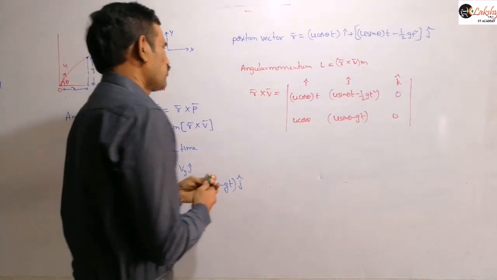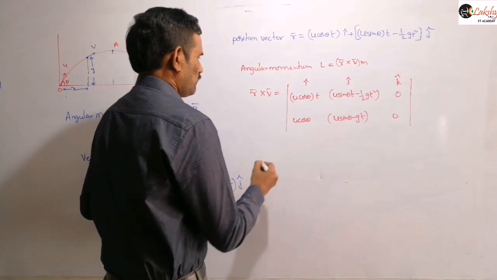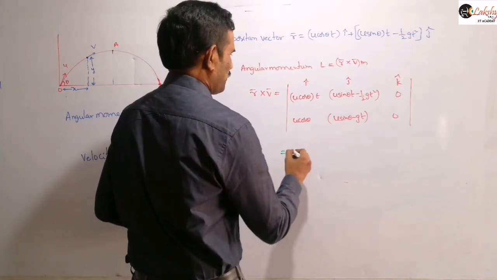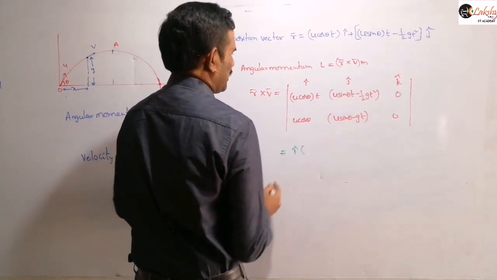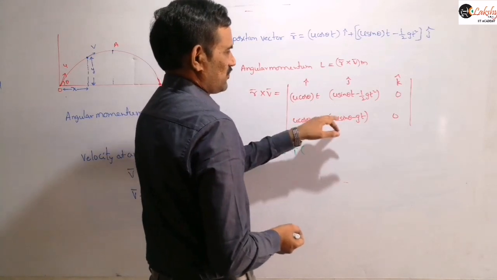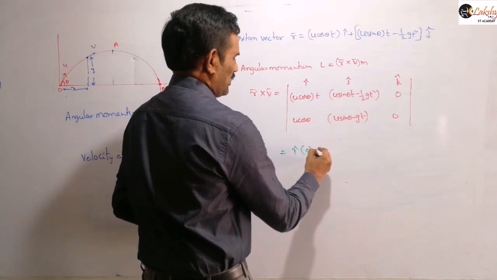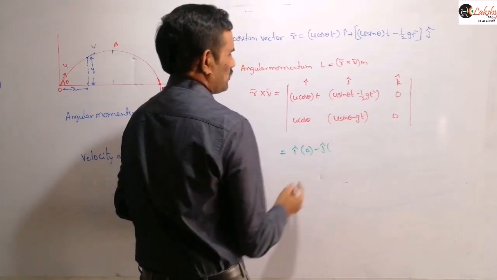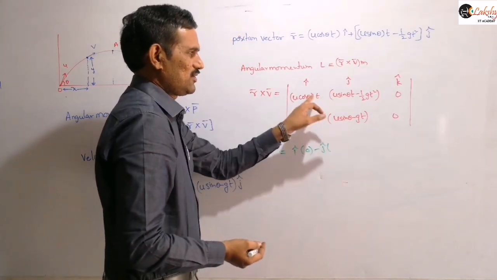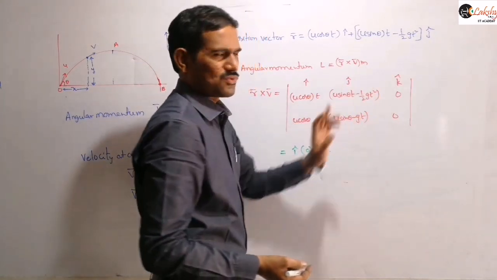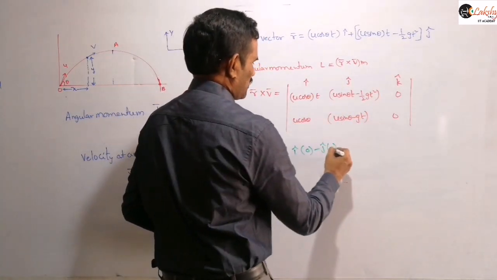So let us simplify this. i cap into, so we need to neglect this, so we need to multiply these two terms and these two terms, so that will be 0, minus j cap into, so again we need to neglect this term and this term, so that is also 0, the j cap coefficient.